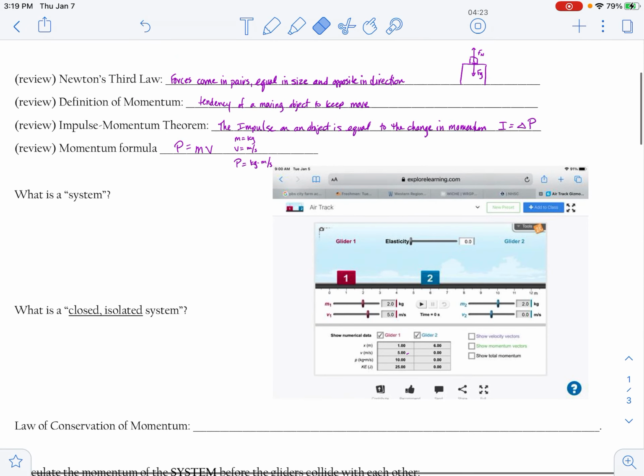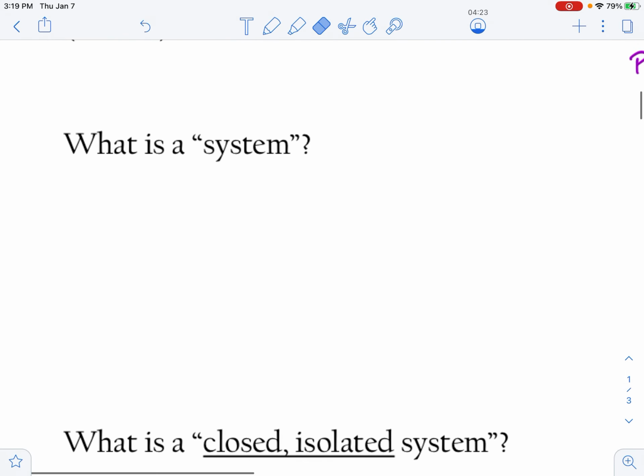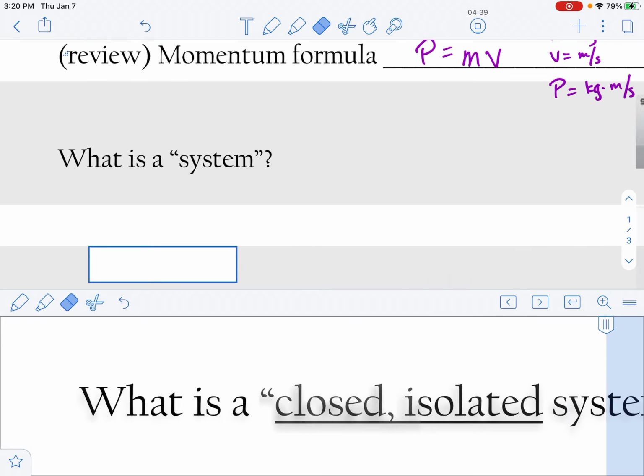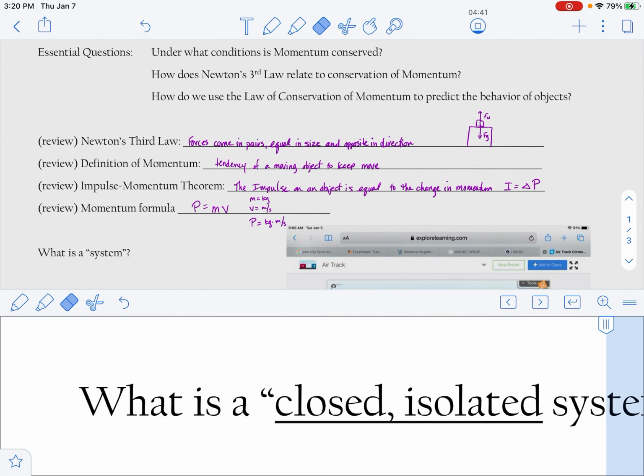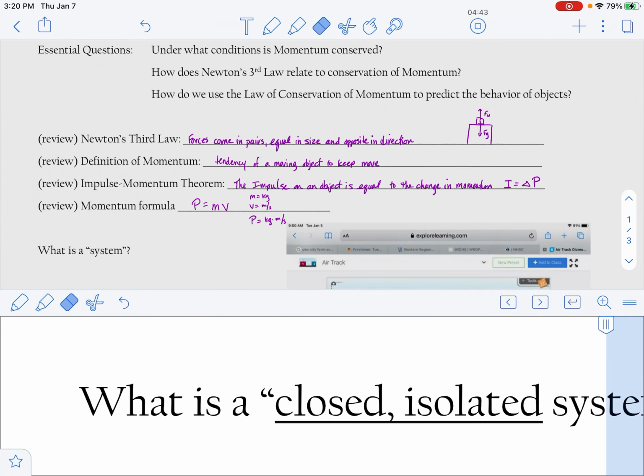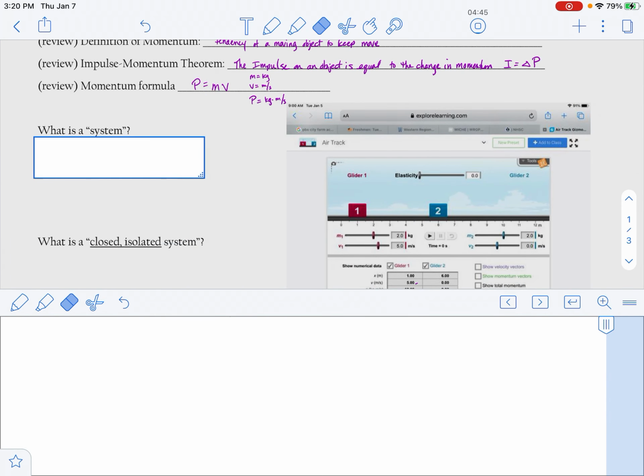So let me get rid of all this. Okay. So what is a system? That's one of the things that we need to know because we have to define our system before we can analyze it. So a system, oh, I forgot to use the box, didn't I? It's much neater when I use the box. Where is my box? There it is.